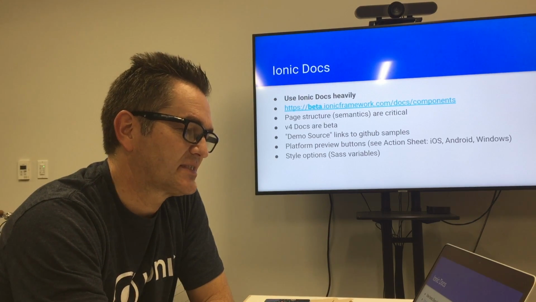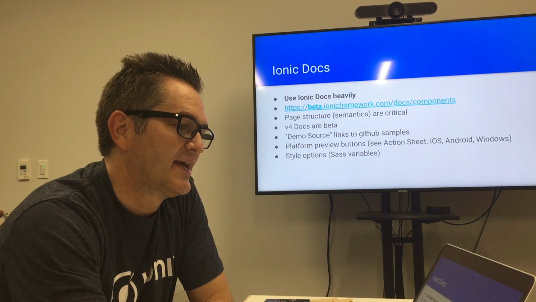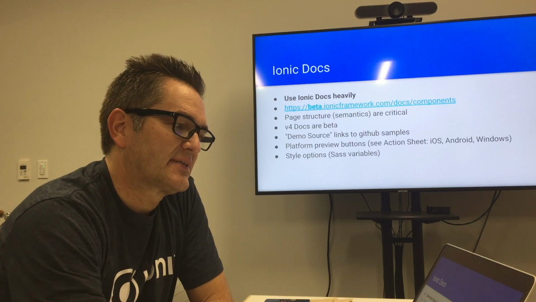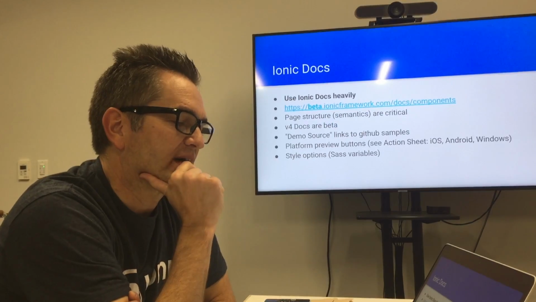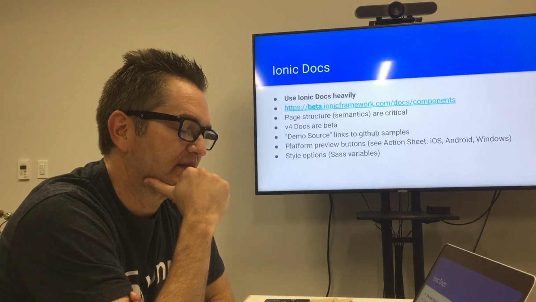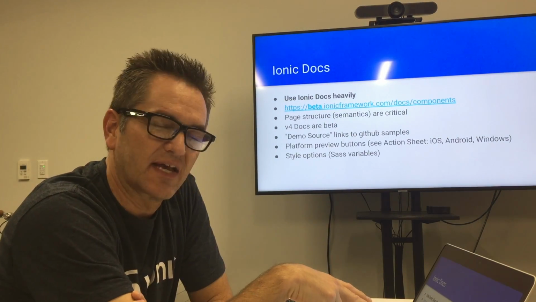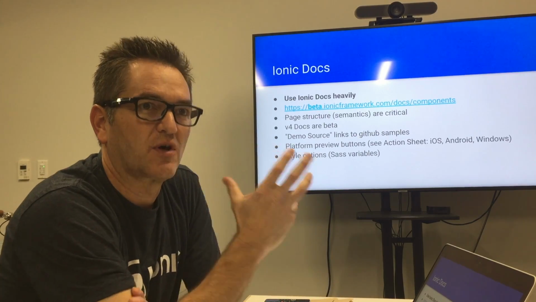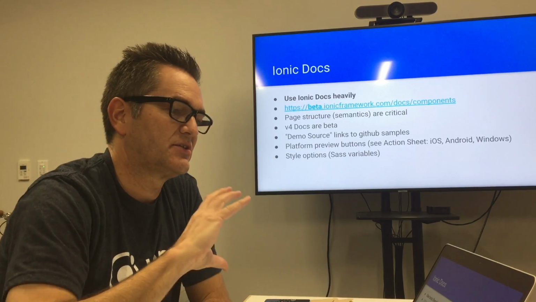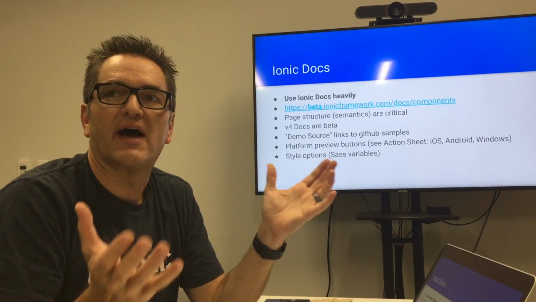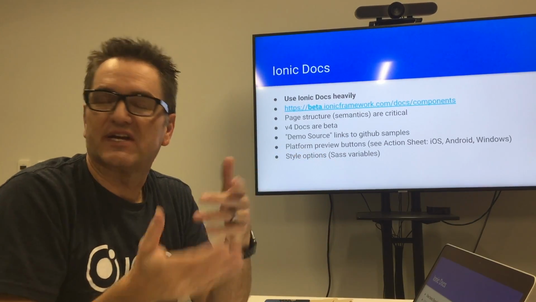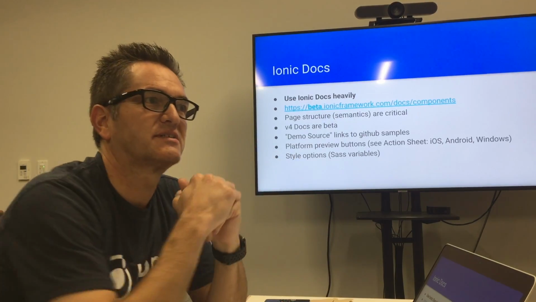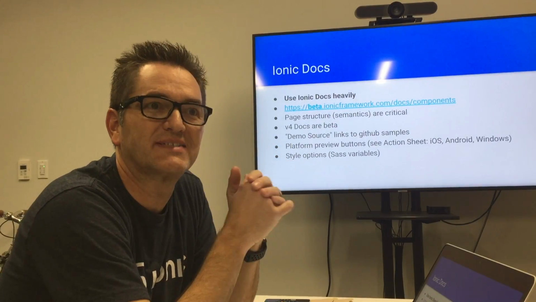Style options, Sass variables. We're not going to talk much about styling options, but just know that there are some global settings that you can go in and change, and for your whole app, your primary color, secondary color, all those things are configurable in one place.